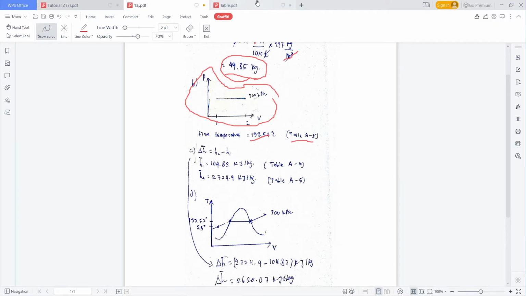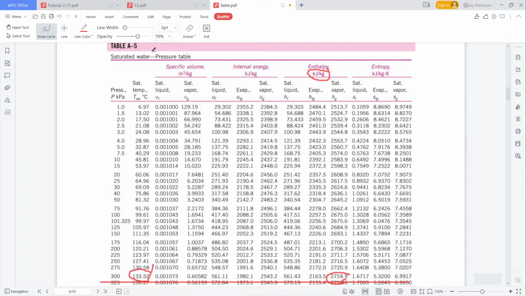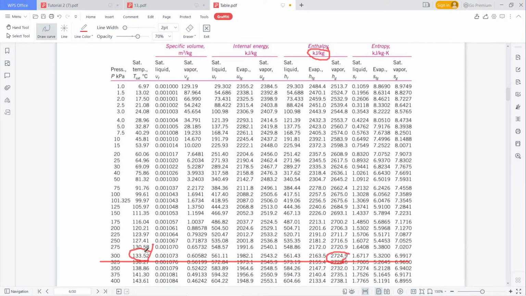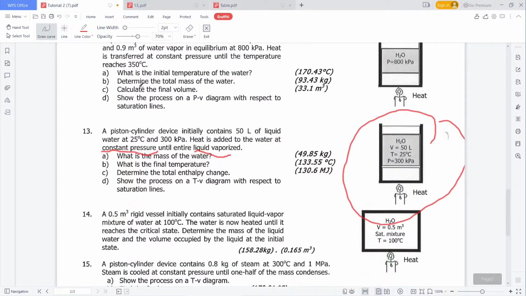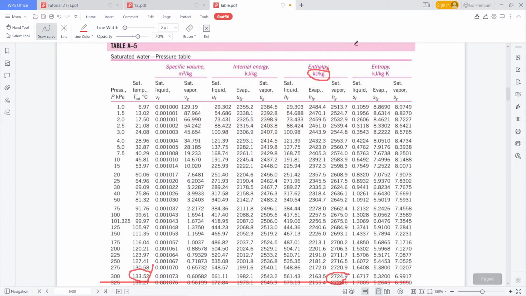We can define H2 by the same table A5, where we found the final temperature. In the same row, we go to the enthalpy. Here, we have 3 options for the value of enthalpy: HF, HFG, HG. Since at the final condition the water is vapor, aka gas, we refer to the HG column.